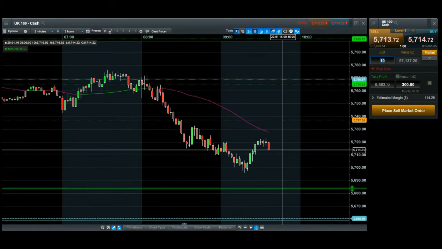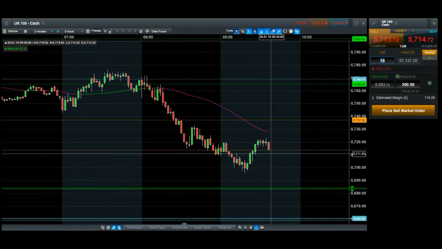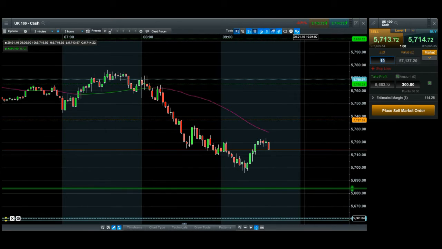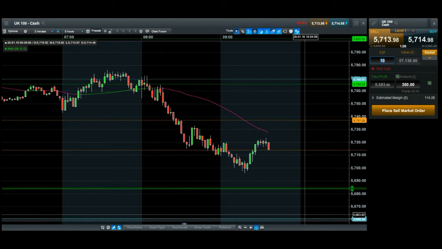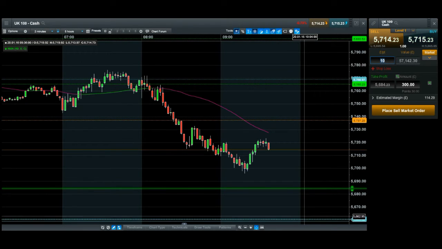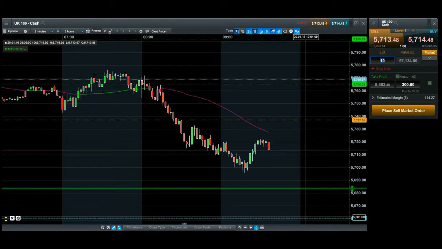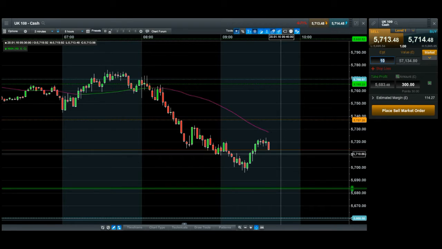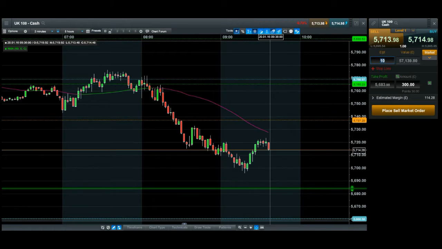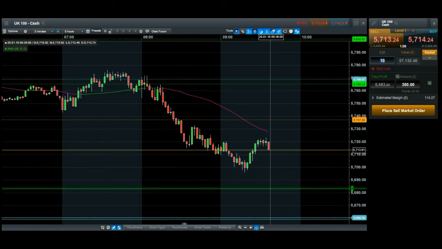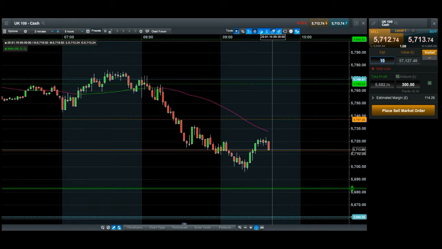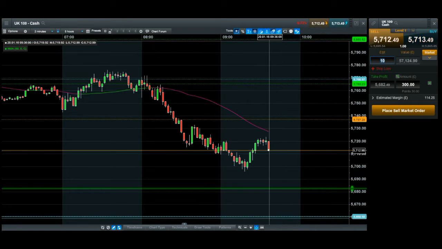Of course, at the moment I expect the index to return back down, and the support area is here at 5,660. So my target at the moment is around this level, but I have to wait for this 2 minute candle to finish, and I will trade based on the signals of this candle.